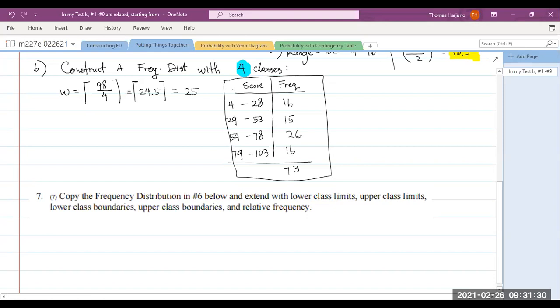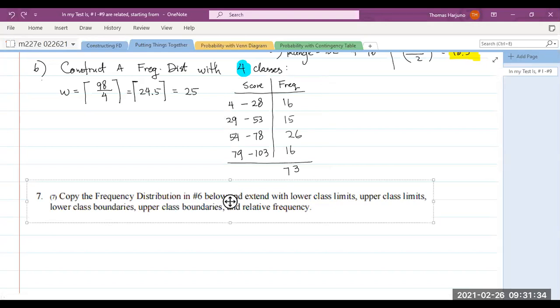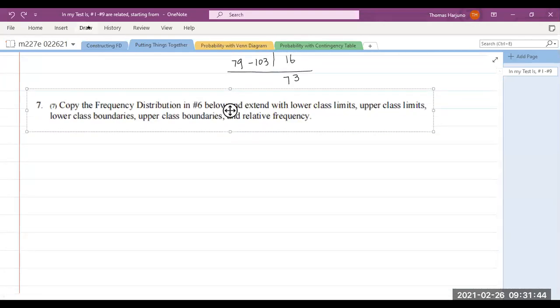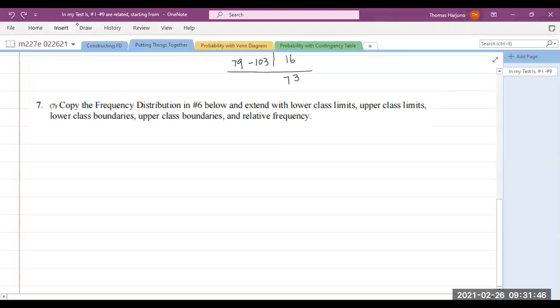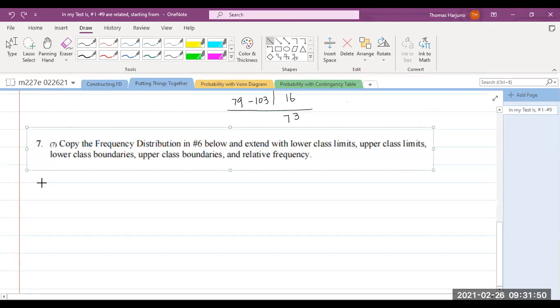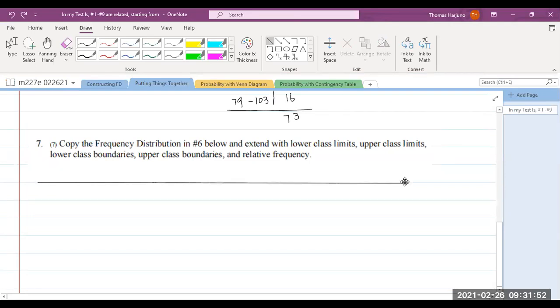Now, question number 7 has the instruction, copy that first. So I will copy that. And later on, I know I will extend it. So let me just make it like this with 4 classes.